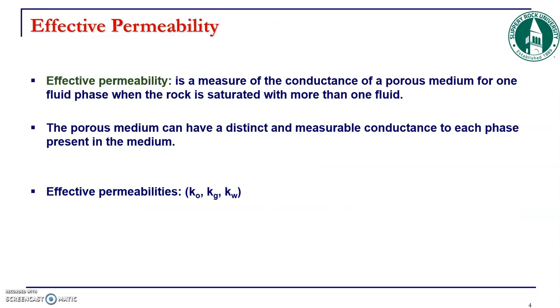So relative permeability is the ratio of the effective permeability. Let me define it. Relative permeability, let's say for oil, is the ratio of the effective permeability of oil divided by absolute permeability of your rock.